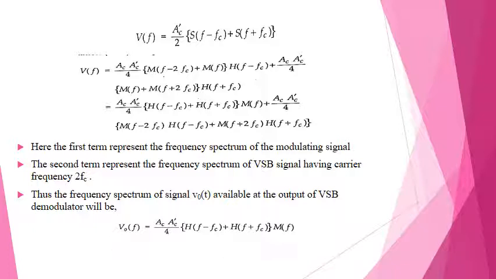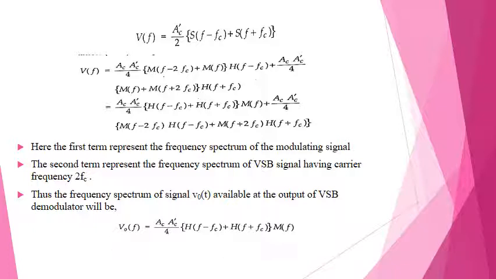So we will get AC dash by 4 into H of F minus FC plus H of F plus FC into M of F, plus AC dash by 4 into M of F minus 2 FC plus H of F minus FC plus M of F plus 2 FC into H of F plus FC.